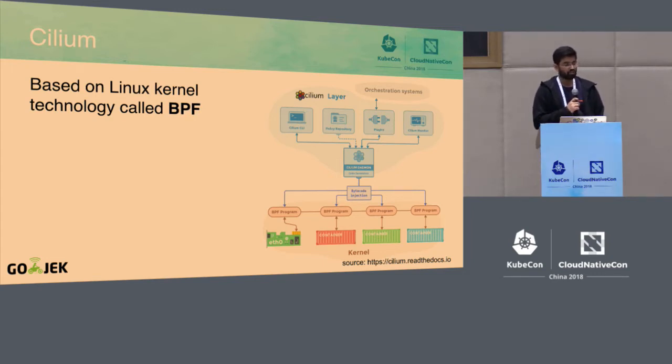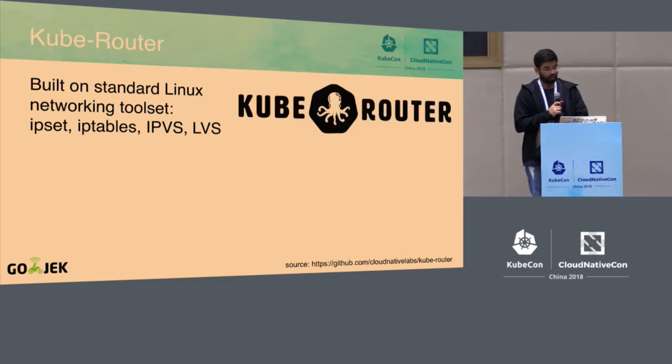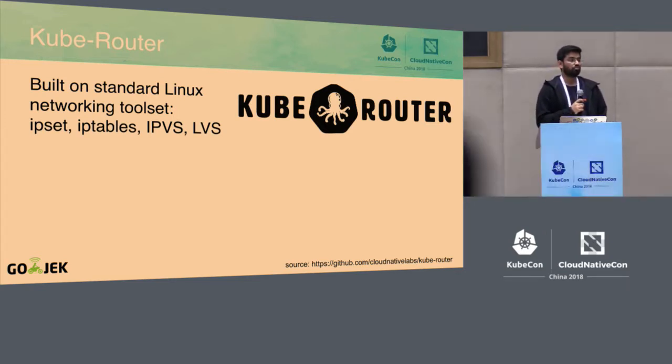It has extensive support for network policies, even greater than Calico and Romana. KubeRouter is a simple IPVS-based CNI plugin. It does simple networking. It doesn't provide support for overlay networks, and it does host-based routing.